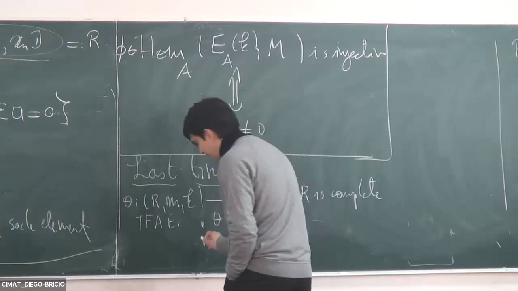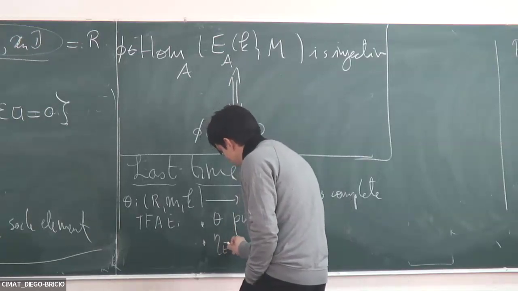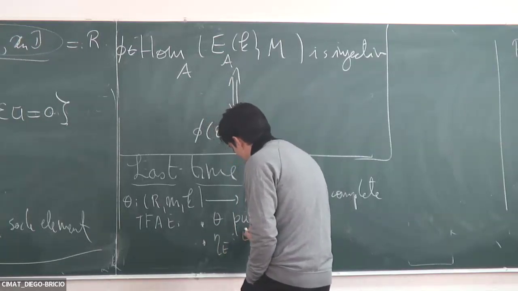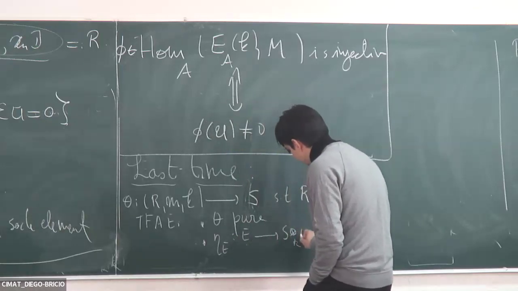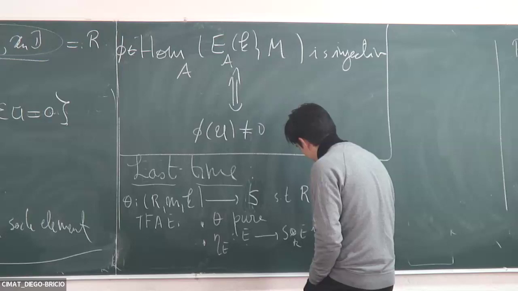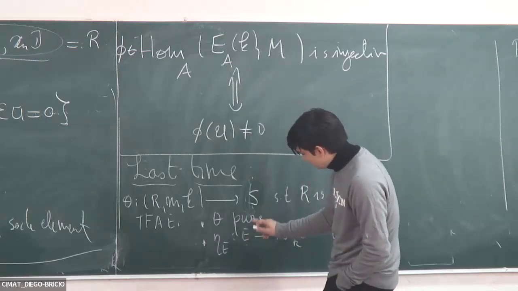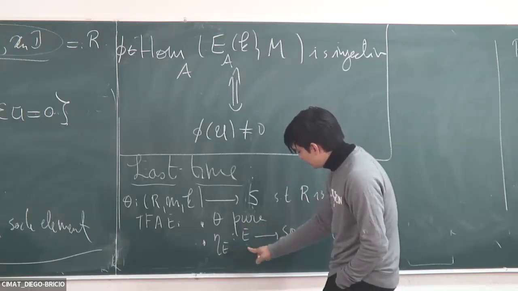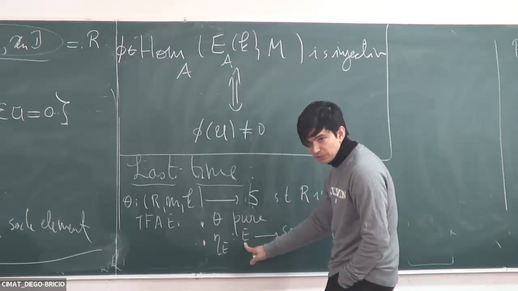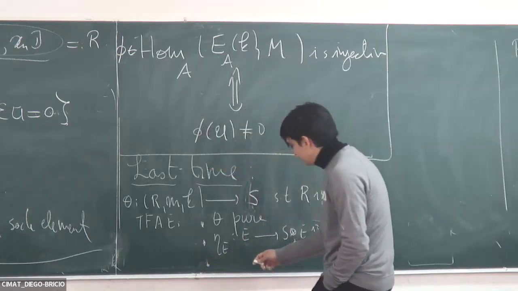Theta is pure. Well, if theta is pure, then eta E, the map from E, the injective hull of the residue field, to S tensor R E, is injective. This one is obvious, because purity by definition means that the same injectivity is true for all modules, not just E. So that one is sort of trivial.